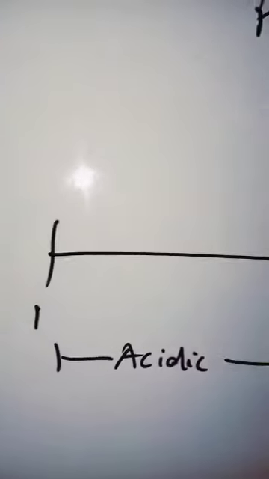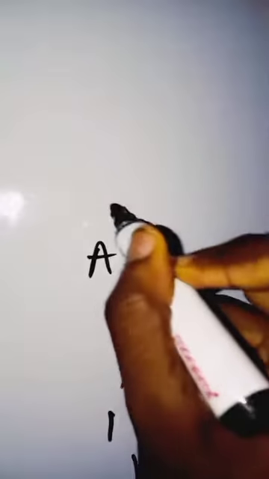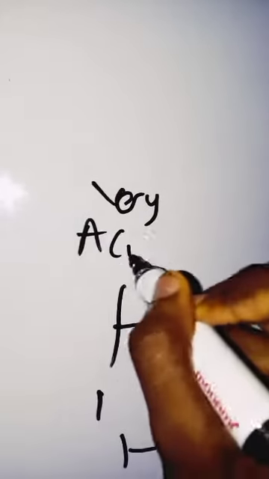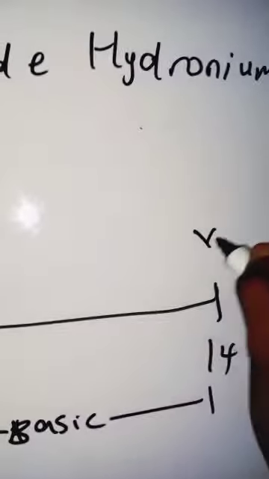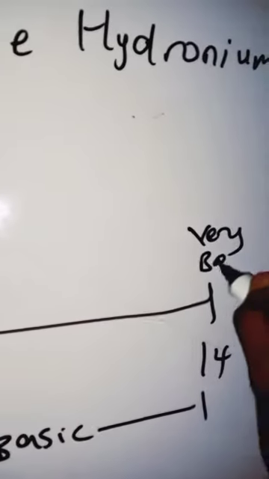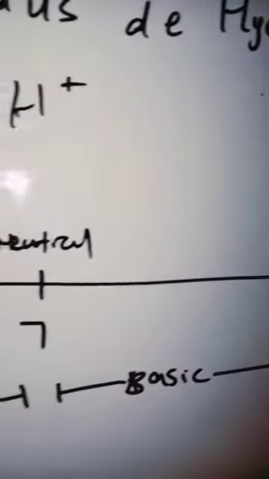So let's move on now. A pH of 1 is said to be very, very acidic, while a pH of 14 is very basic or very alkaline.